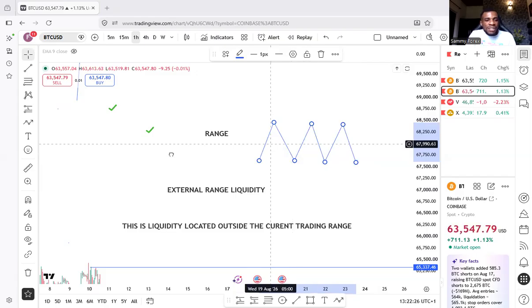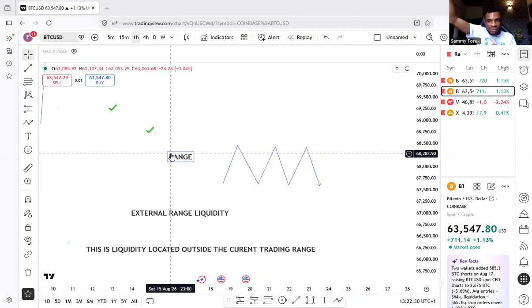A range simply means the highest point and the lowest point of a price movement. The highest point where price reaches and the lowest point where price reaches, that is the range.